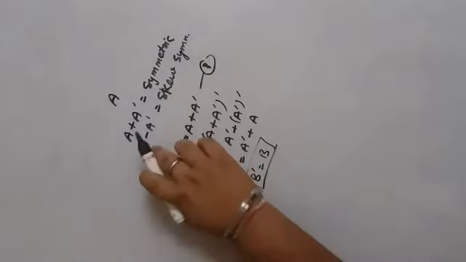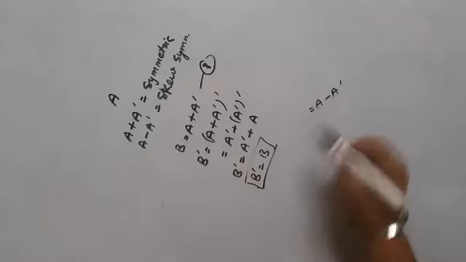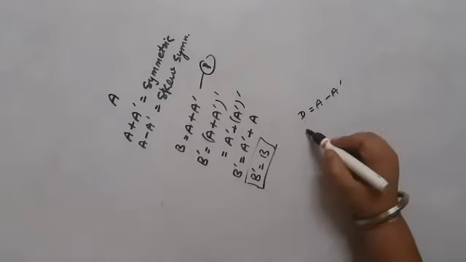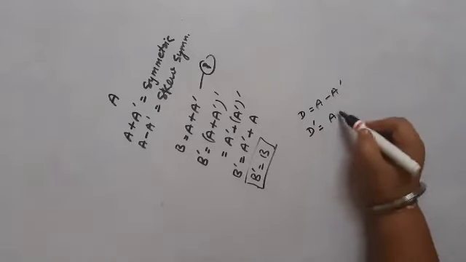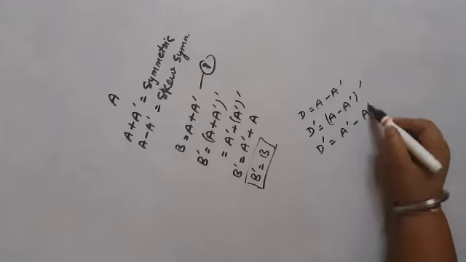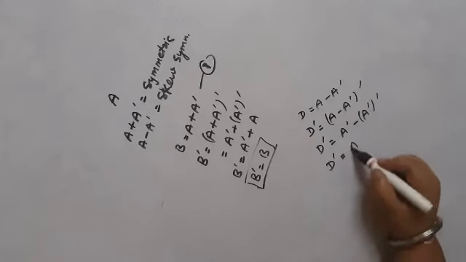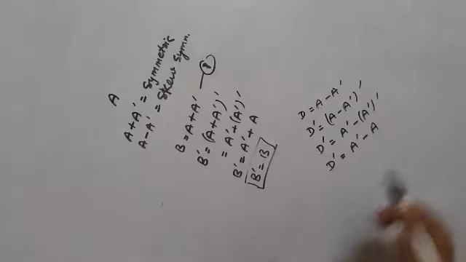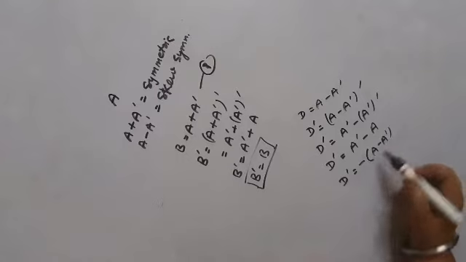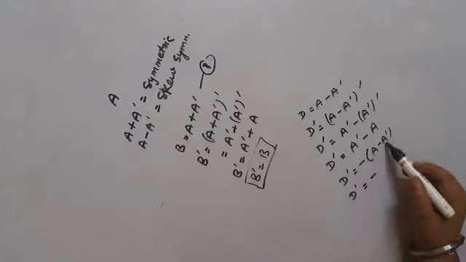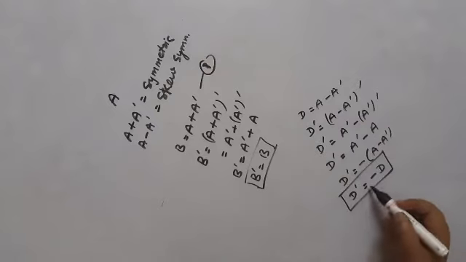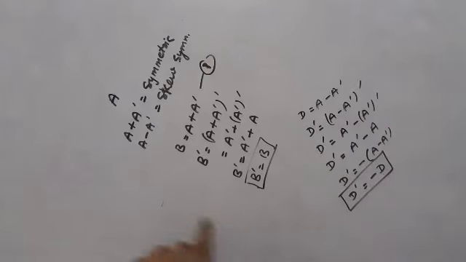Now the second part is A minus A'. Again, let us consider it as D. Then if we transpose D, D' = (A - A')' = A' - (A')' = A' - A. If we take minus as common, D' = -(A - A'), and what we considered, A minus A', is equal to D. Now D' is equal to minus D, so it is known as a skew symmetric matrix.